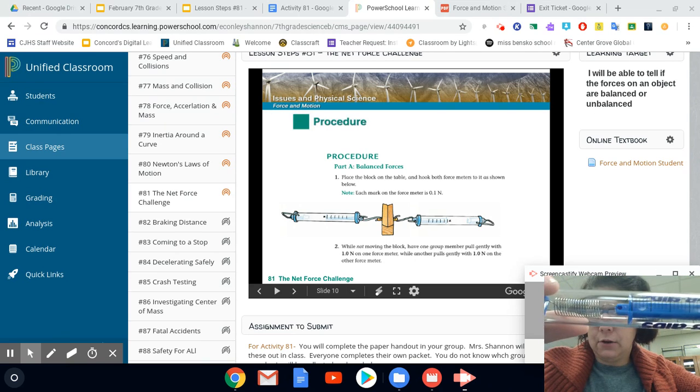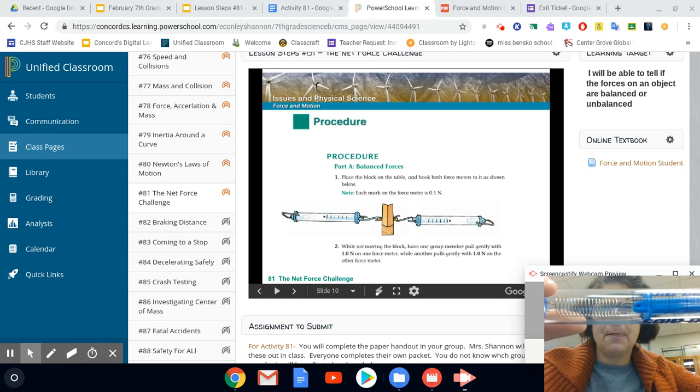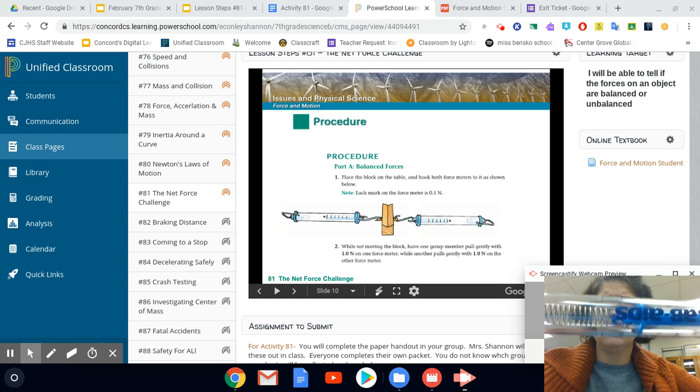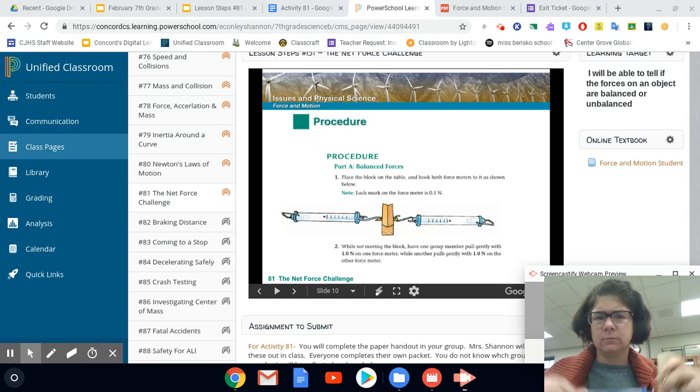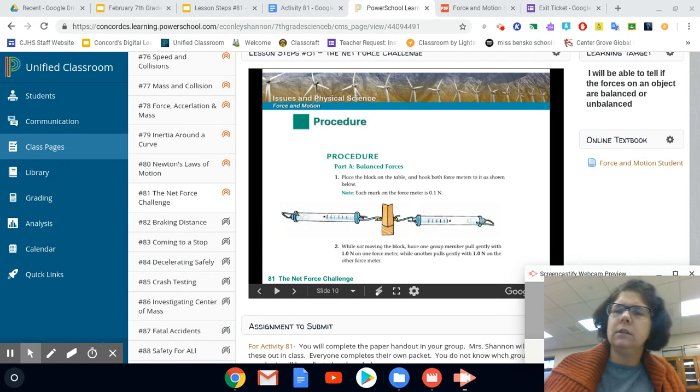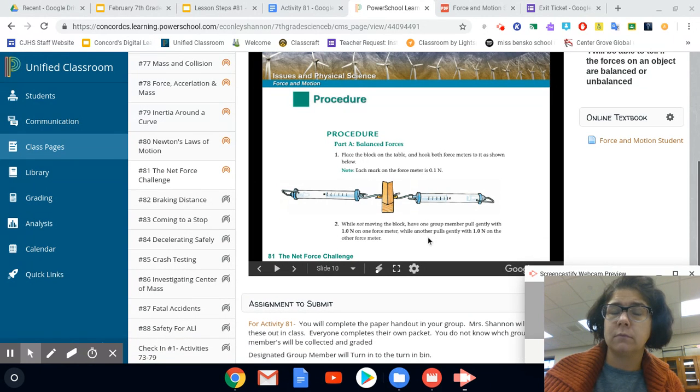So hopefully you can see that as I pull down there, I'm at 0.5 newton, and now I'm at 1 newton. So make sure that you are reading how far you are pulling it. You should keep it on the table while you're pulling it, though, just a heads up.